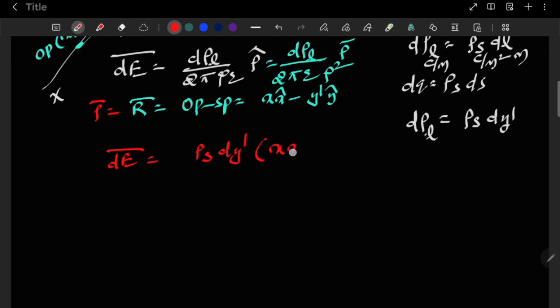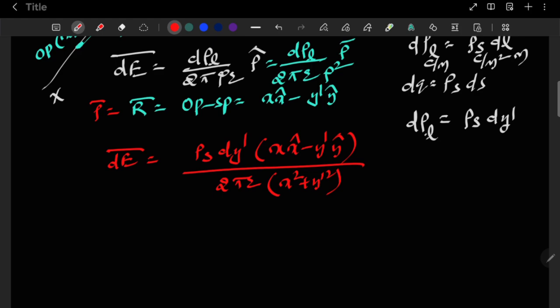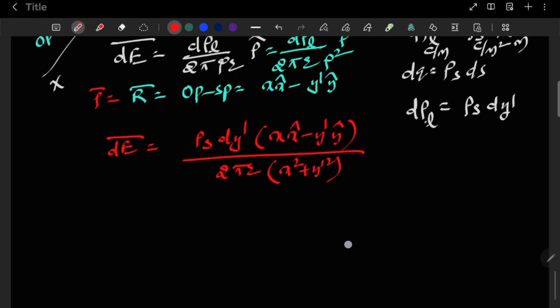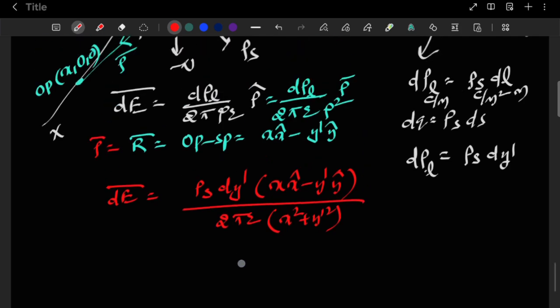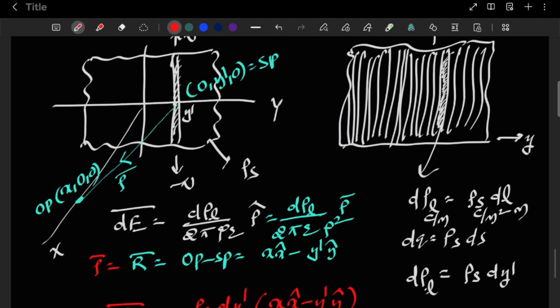It is equal to x into x cap minus y dash into y cap, by 2 pi epsilon into x square plus y dash square. Now similarly, because it is symmetrically distributed, the resultant direction will be perpendicular to the sheet.